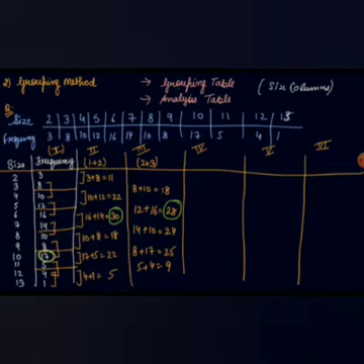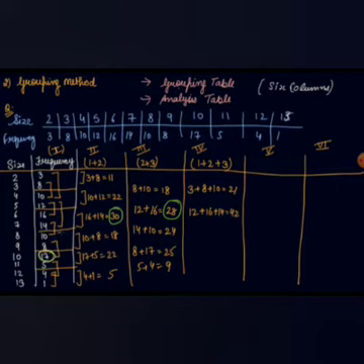Now in the fourth column we add the first 3 frequencies, then the other 3 frequencies, that is 3 plus 8 plus 10, which is 21. Then we add 12 plus 16 plus 14, which is 42.